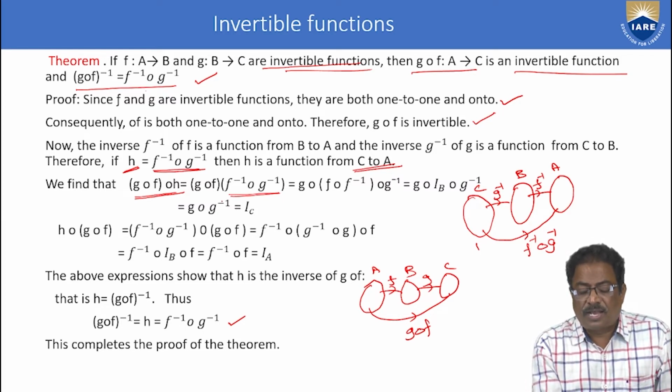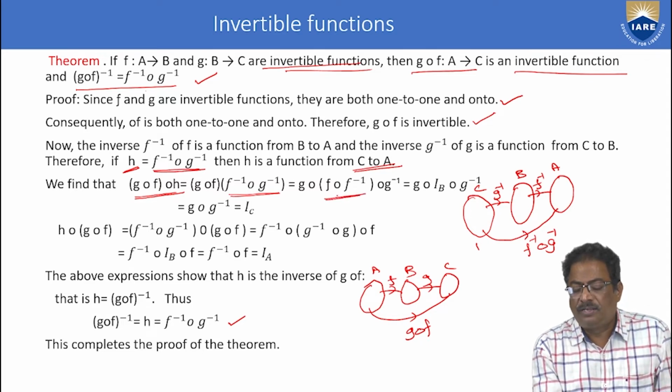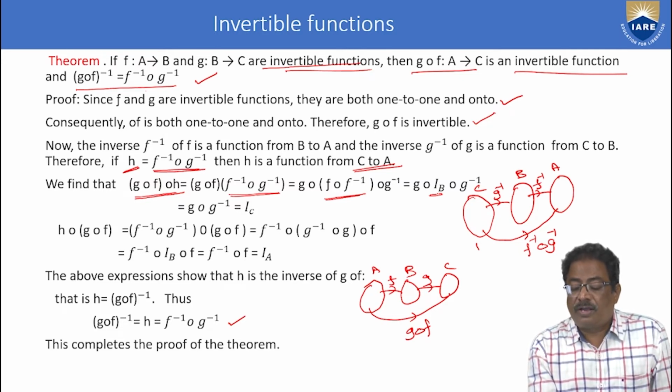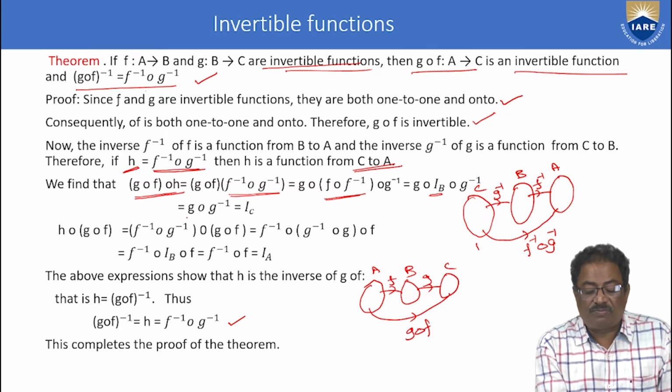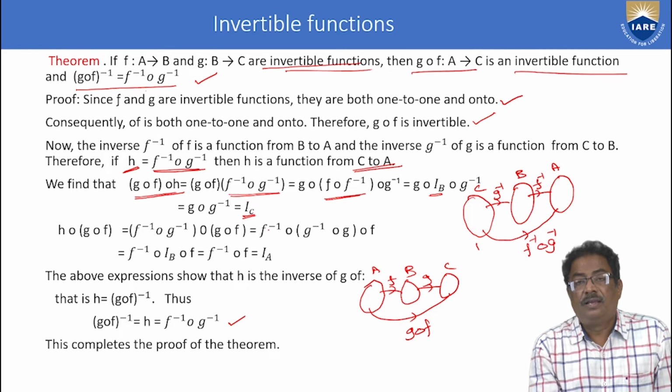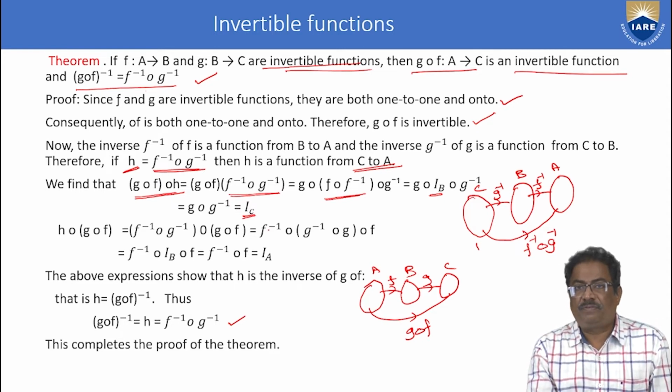So here f circle f inverse is the identity function, and the composition of the identity element with g is itself g. So g circle g inverse is nothing but the identity function.